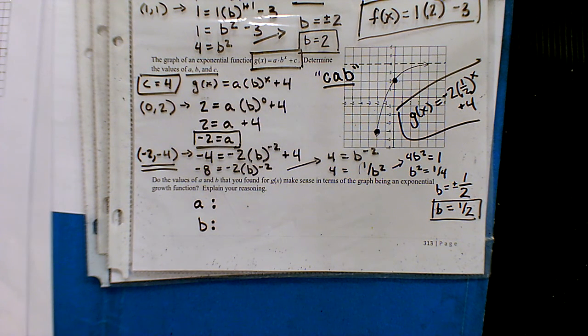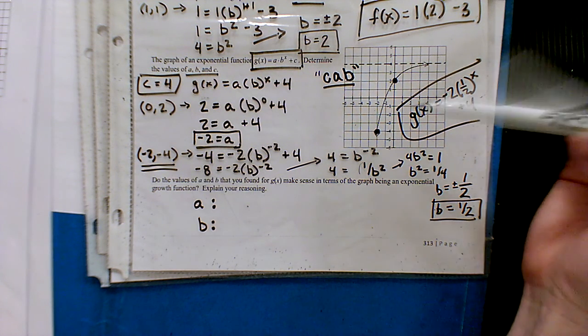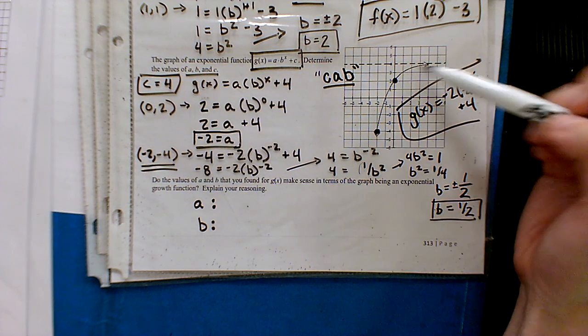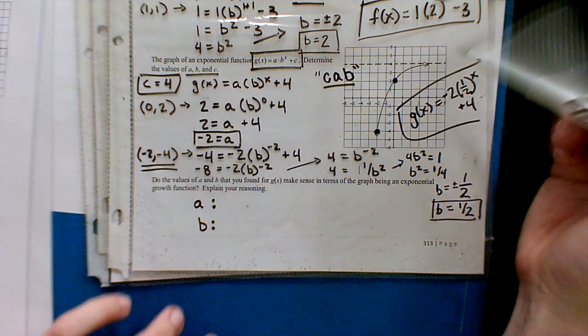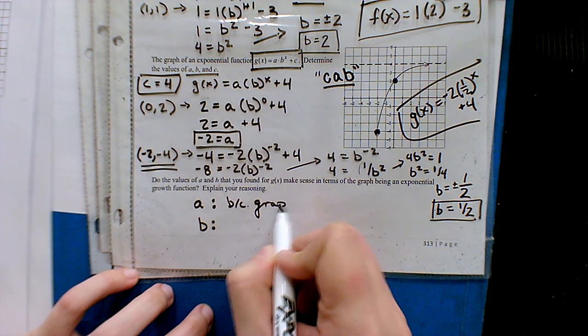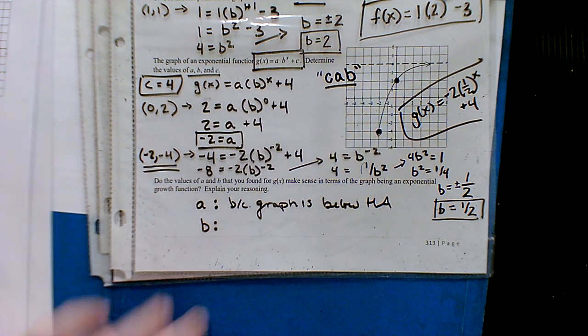Yeah. Okay, so when you say the graph is negative, what do you mean by that? It's flipped upside down. Okay, it's underneath that horizontal asymptote. So the A value makes sense because the graph is below the horizontal asymptote.